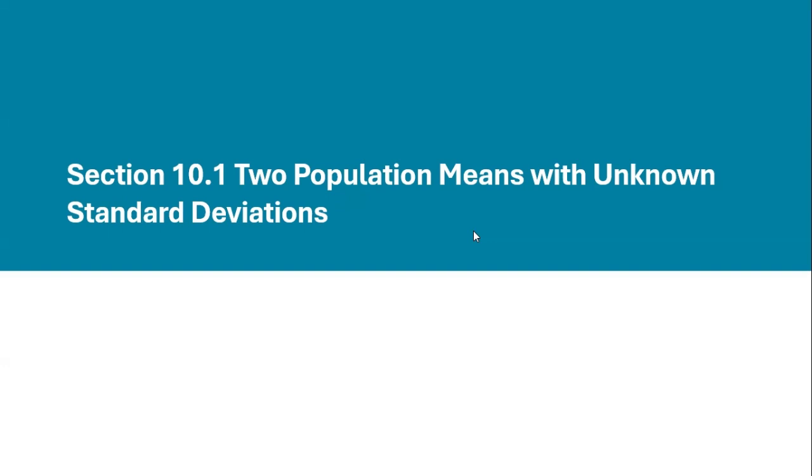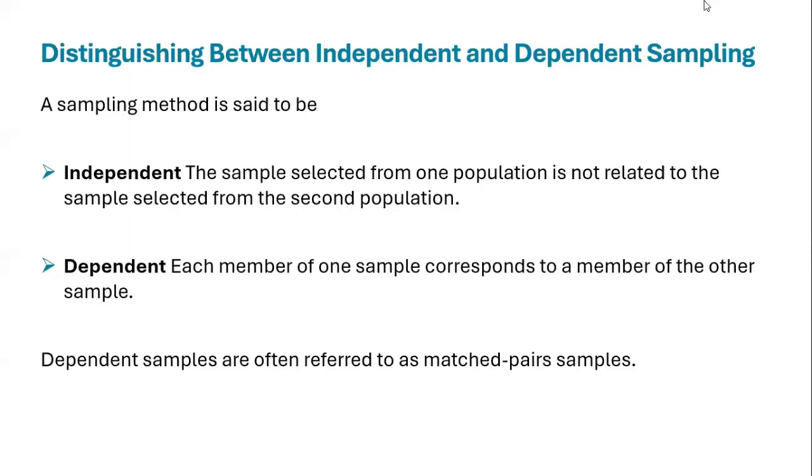But since we have two samples in this chapter, we need to know if the samples are dependent or independent. What does it mean when samples are independent? It means that the sample selected from the first population is not related to the sample that is chosen from the second population. But if each of the members in the first sample corresponds to a member in the second sample, we call them dependent.